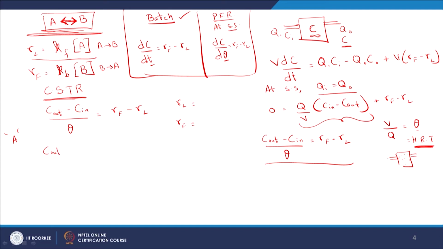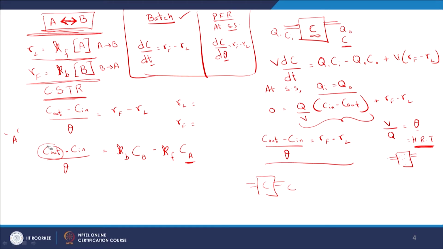So, C out minus C in by theta is equal to rate of formation of this particular compound. Where is that please? It is here, rate constant Kb into concentration of B. Minus where is the rate of loss here, and that is here, K forward into concentration of A. And one minor aspect we obviously need to look at is that this concentration of A is going to be equal to this variable C out, right, because as we just discussed, whatever is inside the reactor will be the same as the one going out of the reactor, right.